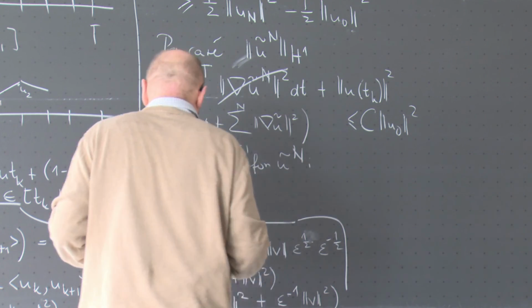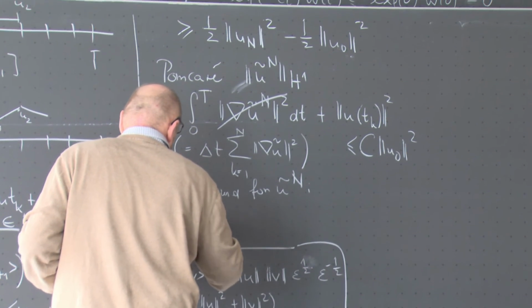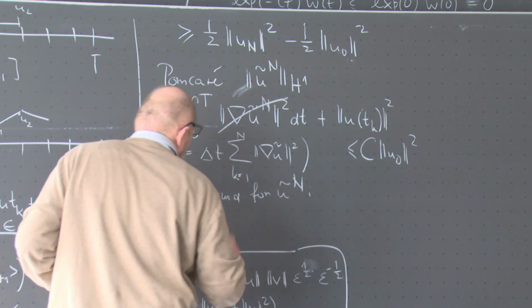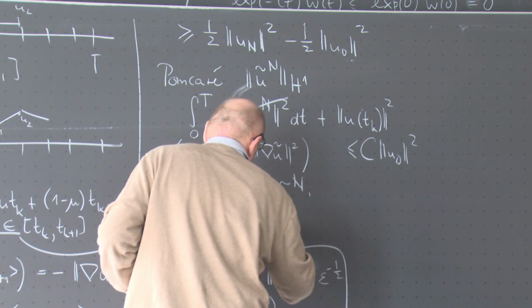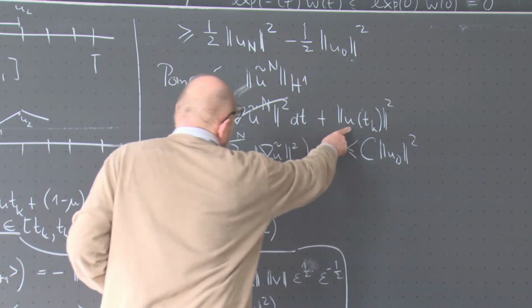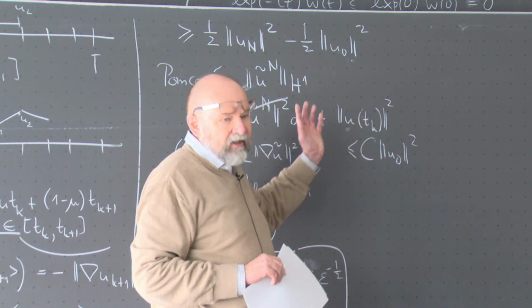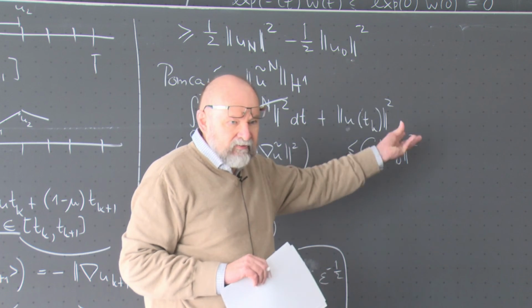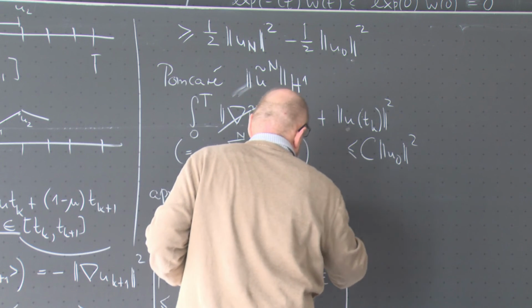So what do we have? We have L infinity(0,T; H1). This is this thing here. We control all these values, and these are all the values of the piecewise constant functions. And we have L2.